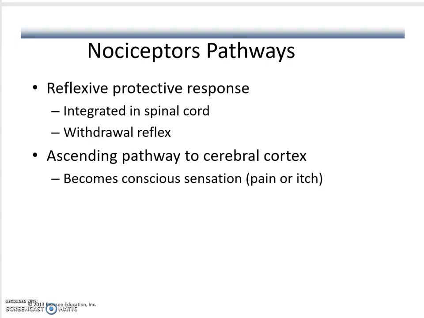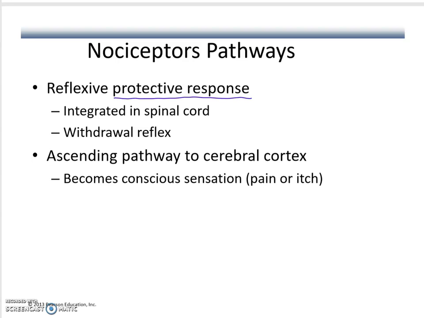A little bit more here on these nociceptors. They are really supposed to be protecting you. They're alerting you to a problem, and they're supposed to protect you from potentially damaging events. They are integrated with the spinal cord, and a lot of times they give you this withdrawal reflex. Think about it. If you were to step on a push pin, for example, and that hurts, then you have this withdrawal reflex.